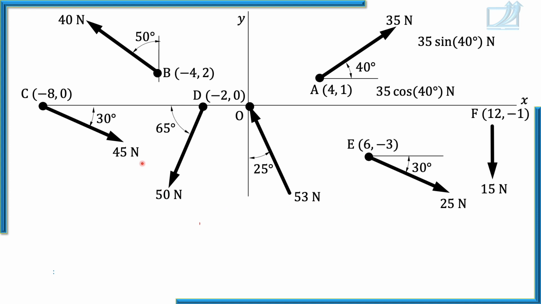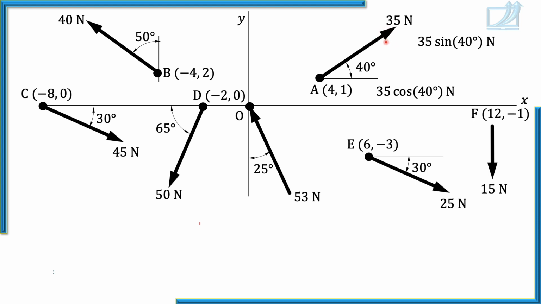Now watch here, there are so many forces I have shown, and the point of application of each and every force is clearly defined. What is the direction of this force? Rightwards upwards. Just look at the arrowhead of each force and you know the direction of the force.